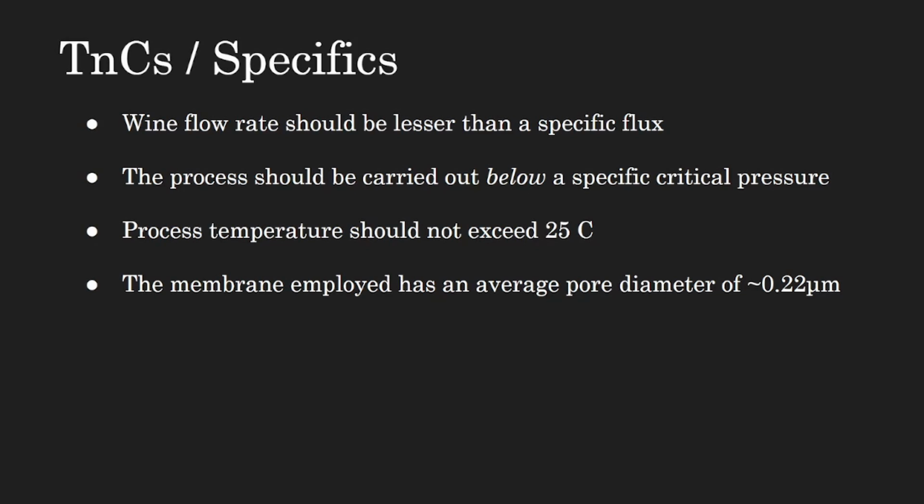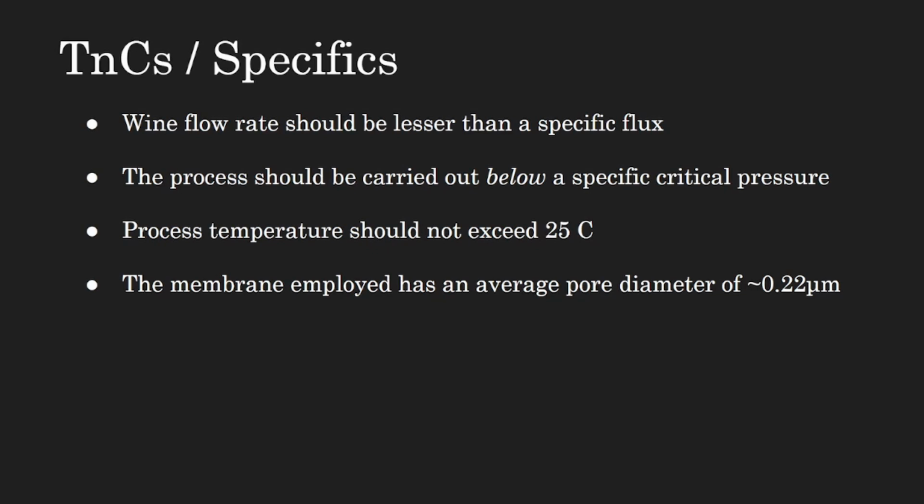The next one is the pressure difference, which is maintained on either side of the membrane. It should be lesser than a specific critical value. If it is higher than that, then the particles which passed through the membrane will come back to the newer segment of the fluid as time proceeds, due to the higher pressure difference which is present.